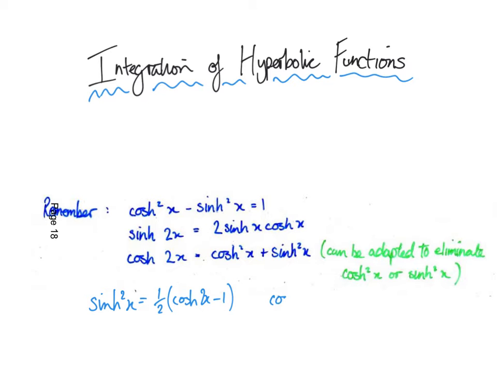And likewise, if we wanted to eliminate sine squared x and get cos squared x, we would find that that's equal to a half of cos 2x plus 1. Okay, and all of these can come into play whenever we're integrating hyperbolic functions, so it's good to know those or have them handy.